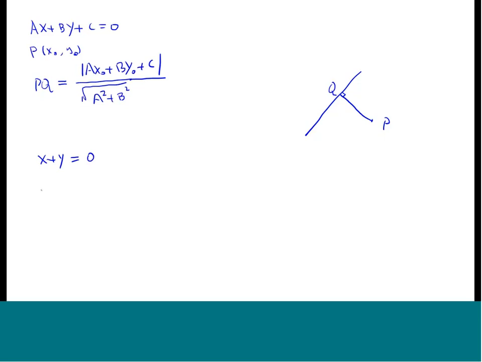Which point? Say 5, 0, for example. It makes it easy. The distance is going to be the square root of 1 square plus 1 square. x0 actually is just 5.